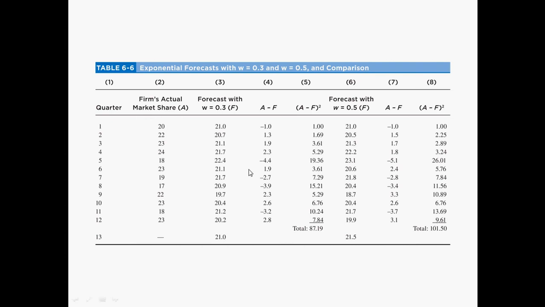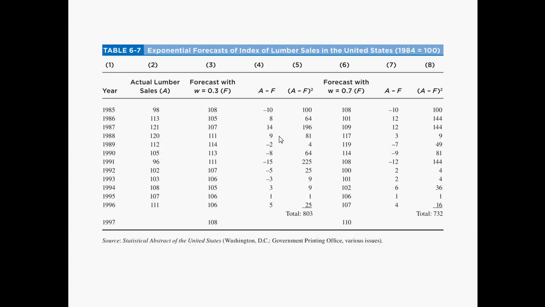Well then, if we follow this through, the deviations of A from the forecast squared add up to 87.19. In the case of W equals 0.5, they add up to 101.50. So which of these methods is better? Just crudely glancing at it, it seems like in this case W equals 0.3 would work better, but at least that gives you a glimpse of how you might go about deciding what values of those variables to use.